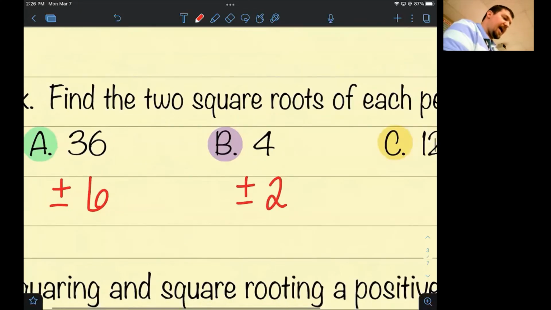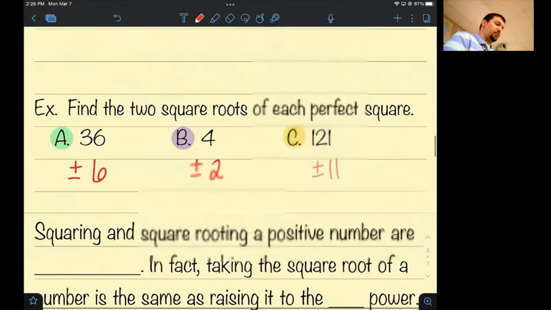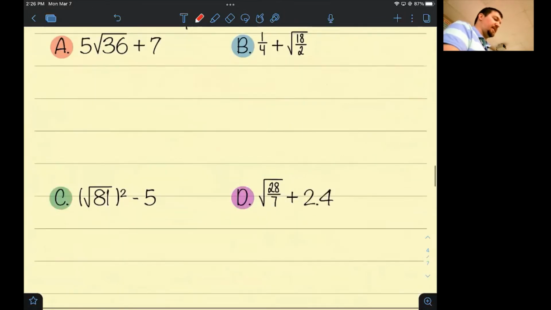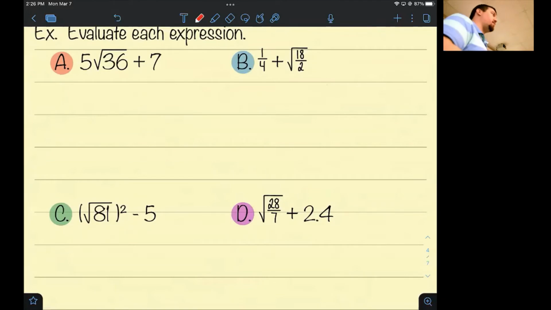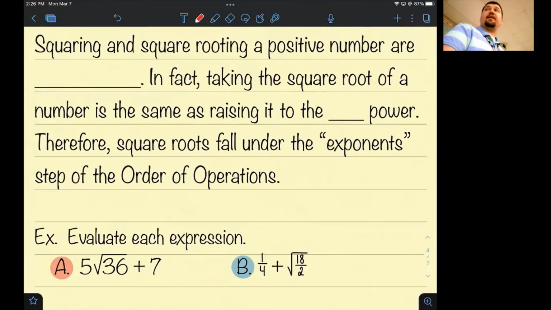Good. And the 2 square roots of 121? Jacoby? That's right. You can see why I told you we're just going to fly through these notes. Even though I know it looks like we have more problems, it's because I wanted to get eventually to the order of operations problems. We might get a couple of those done today. I've done pretty good for the fact that I started like 10 minutes ago.